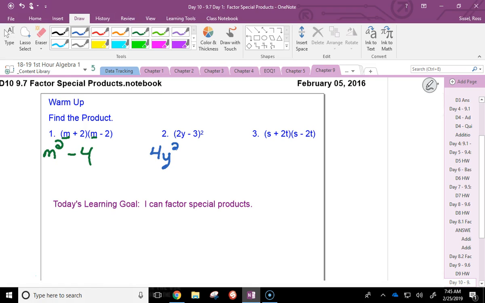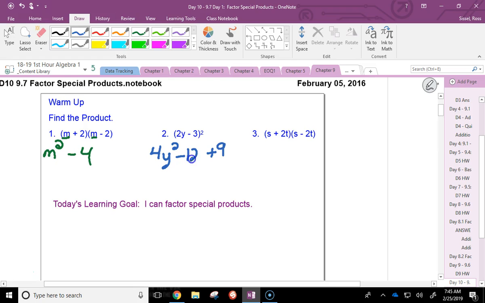Negative 3 squared is positive 9. But for the middle one, you multiply what's on the inside. 2y times negative 3, and then we take it times 2. We double it. Positive 36. No. Darn it. That's negative.